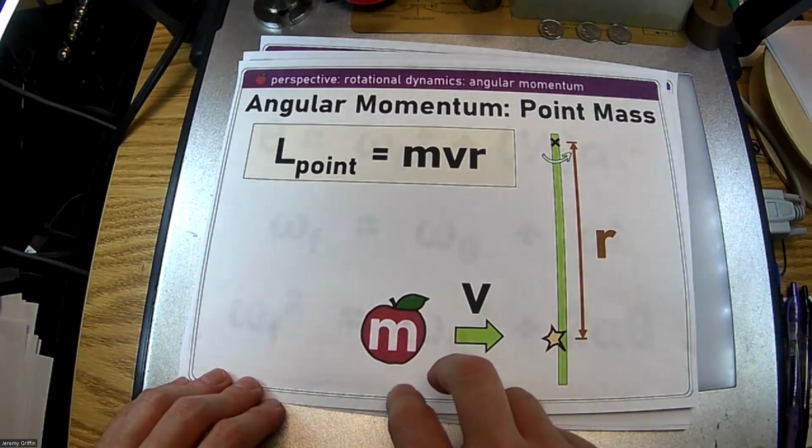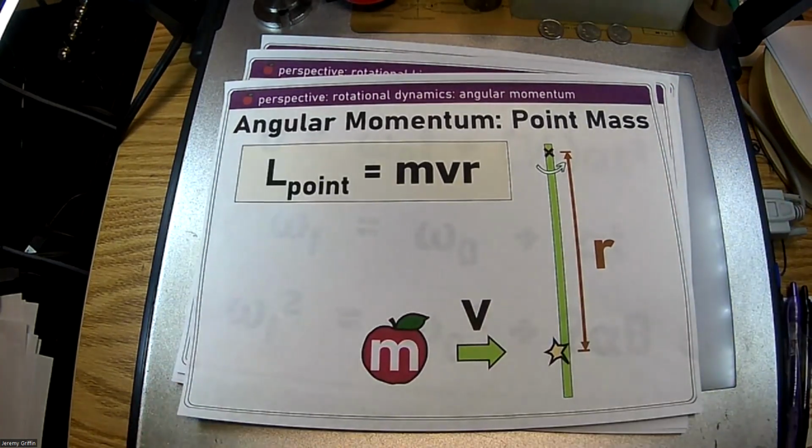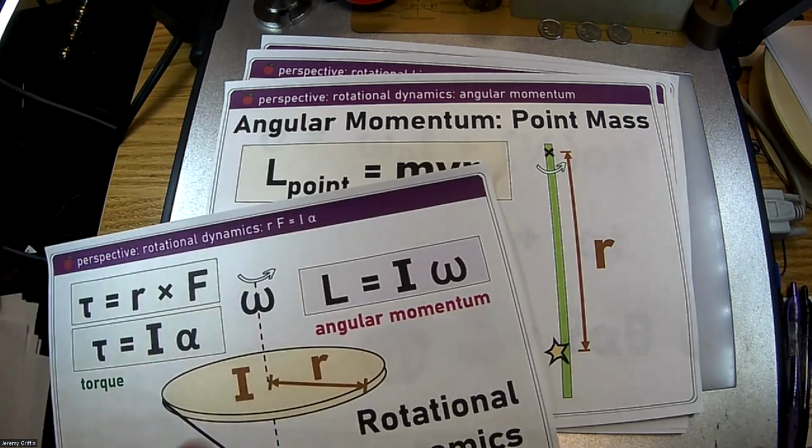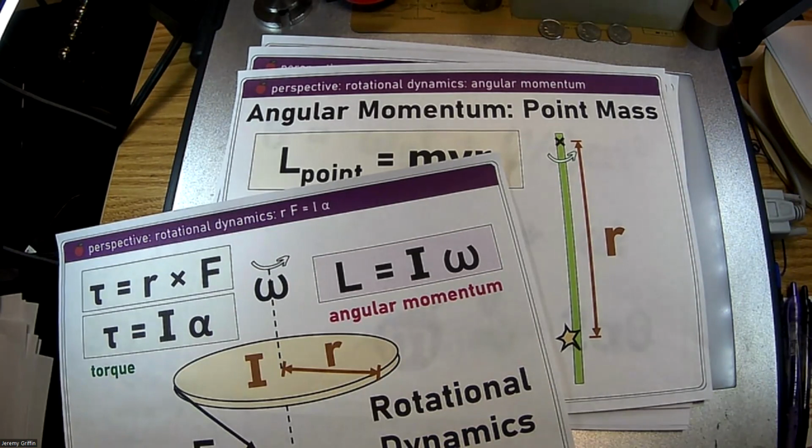You say angular momentum of a point mass, mvr, and then you can set that equal to I times omega. I think I got a poster for that too. That's this I times omega going on here, which will tell you ultimately how fast it's rotating around.